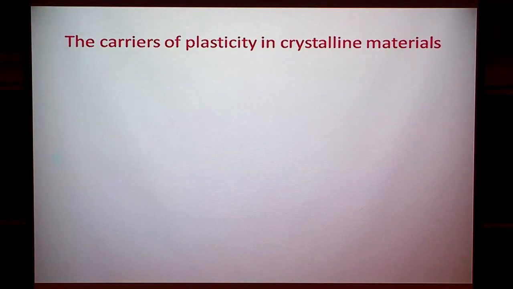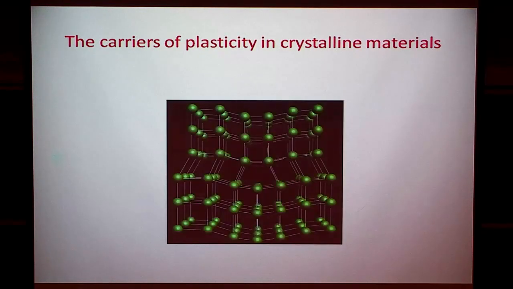So I was asked to give a pedagogical talk. In fact, many of the issues that I'm going to discuss were already touched on here and there, so I shortened it a little bit, but still, we want to recall that in crystalline materials, plasticity, as we all know, is carried by defects: dislocations glide when you exert an external strain.